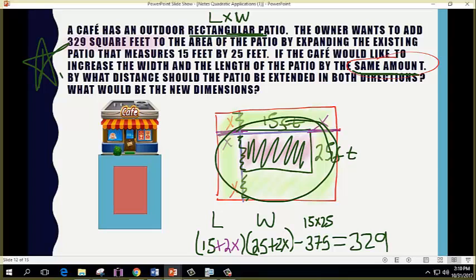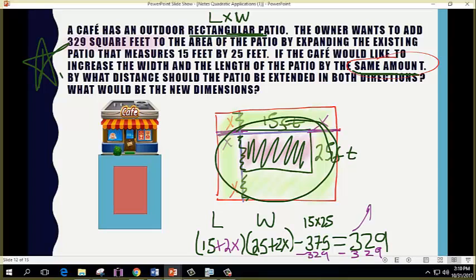Okay? So if that's the case, now I have to get this in quadratic form to where I can actually solve it. But I'm not going to make you FOIL this out, collect like terms and all that stuff. I'm going to make you have your calculator do most of the work. The only thing that I really need to do is simplify it and get everything on one side. So I'm going to subtract 329 from both sides.